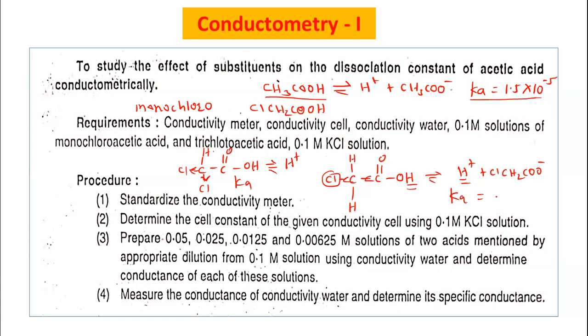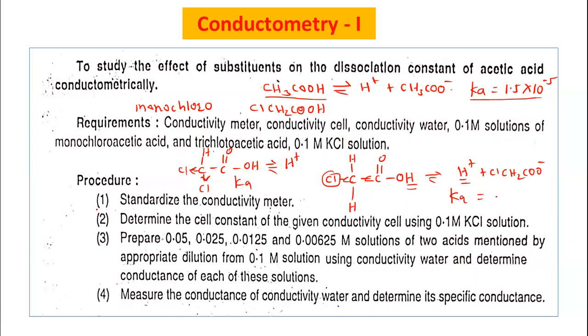That's why the dissociation constant value increases. So it is expected that the dissociation constant of trichloroacetic acid will be higher than monochloroacetic acid, which is higher than acetic acid.